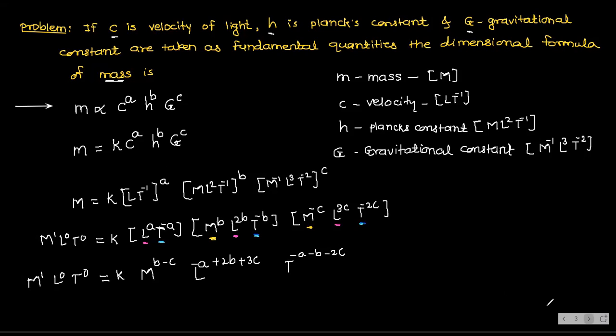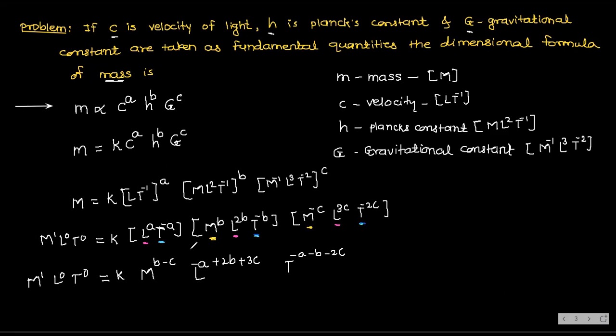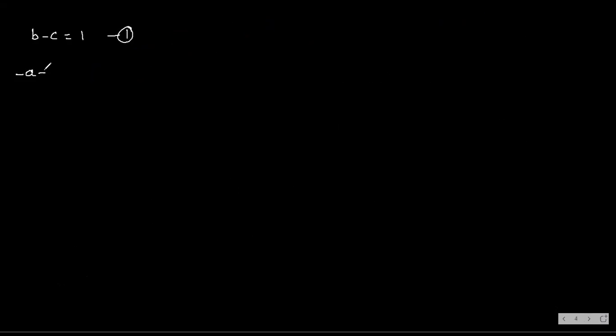So let's compare the powers, equating powers. What we are getting? B minus C is equal to 1. Call this equation number 1. Next equation is minus A plus 2B plus 3C is equal to 0. Call this equation number 2.